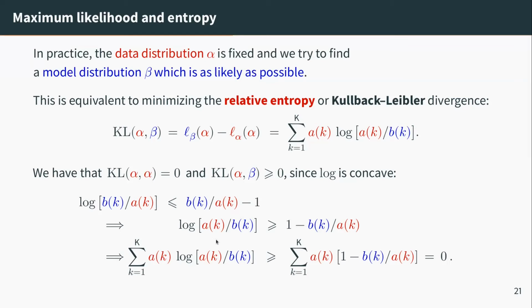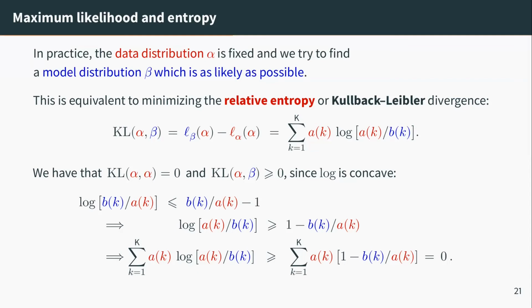Now I take this inequality and I sum it for all values of k with a weight equal to ak. Then on the left-hand side, I recover my relative entropy. On the right-hand side, I recover the sum for all values of k of ak times 1 minus bk divided by ak.